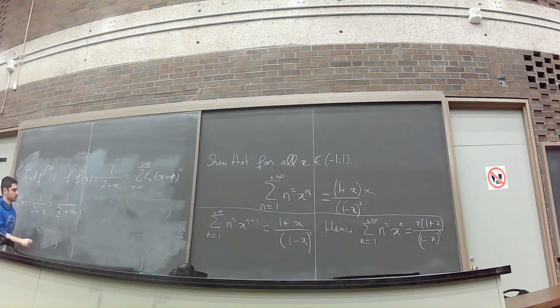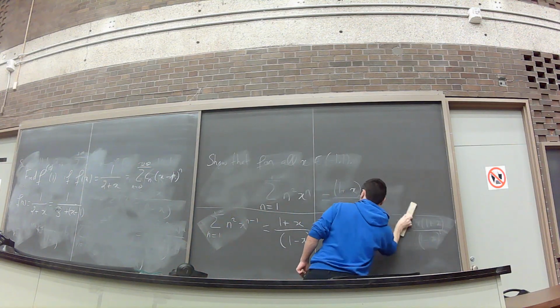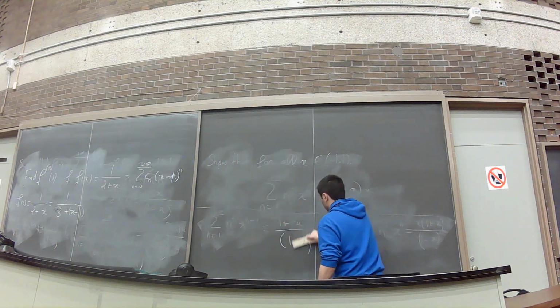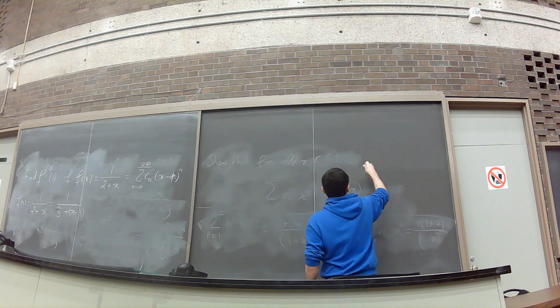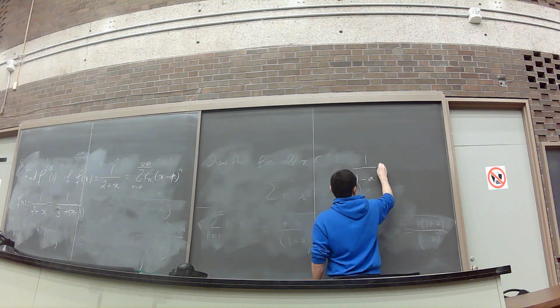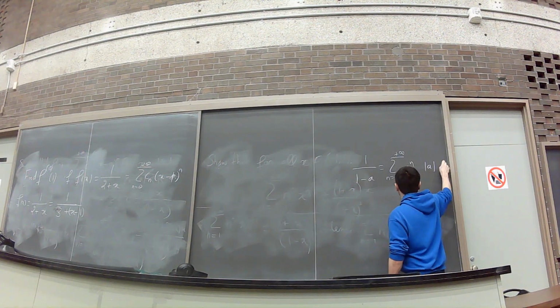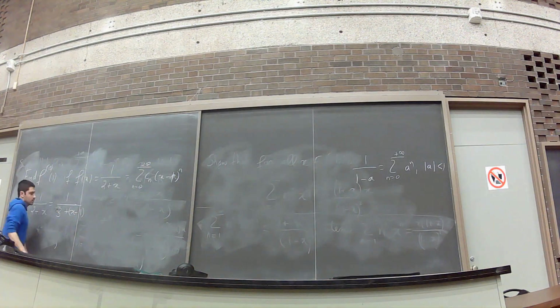Now again, let us remember what is the geometric series formula. This is 1 over 1 minus a, the sum of a to the n, if the absolute value of a is strictly less than 1. So I gotta make this 3 equal to 1.